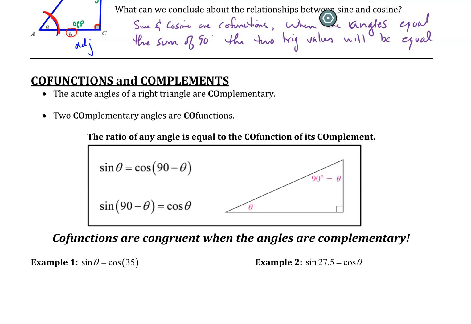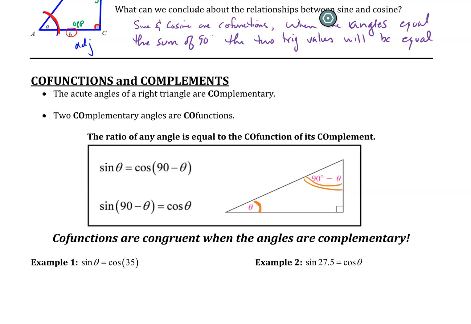In this particular example, this gives me one angle of theta, an unknown angle, and 90 minus theta would be the other angle. This would be its complement. So the complement of theta is 90 minus theta, because it's whatever the other number that gets me to a sum of 90.